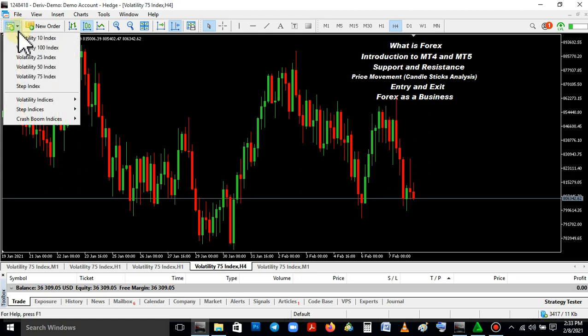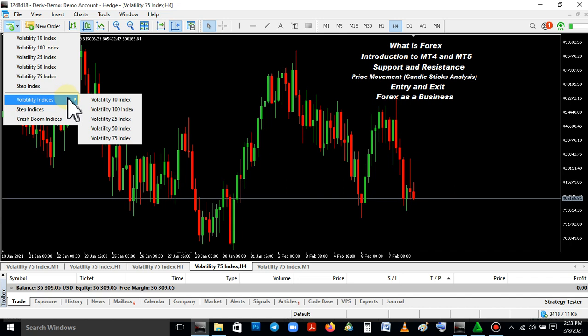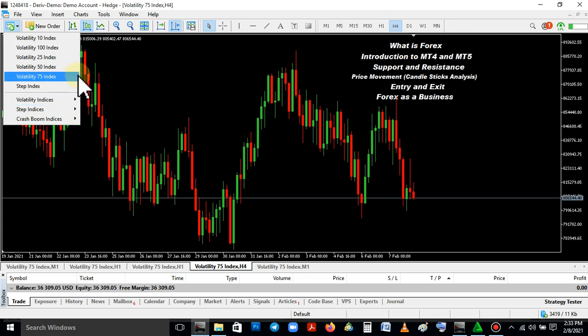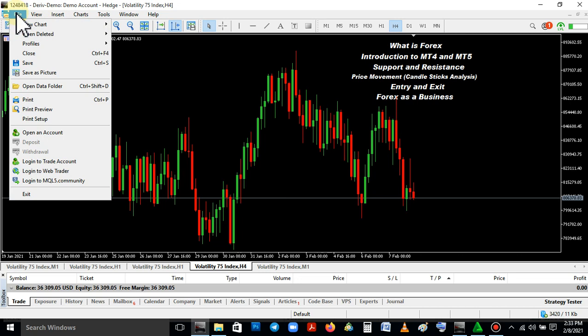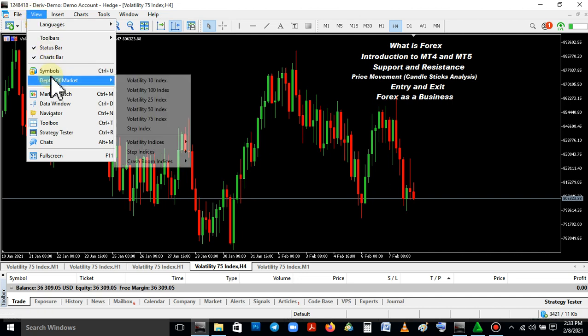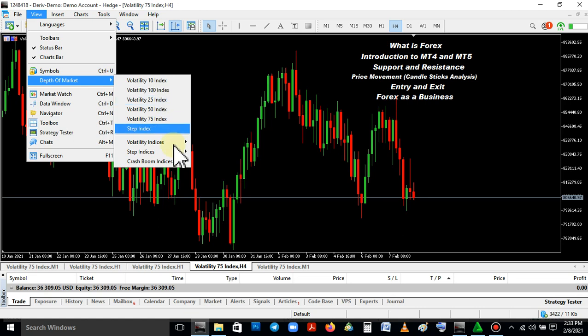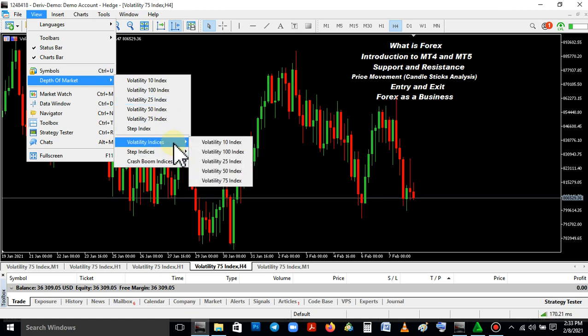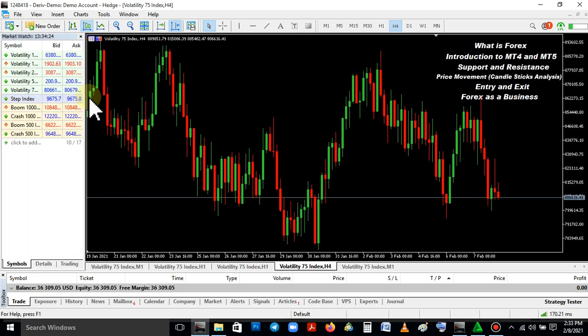When you go to this place, you will see all of them. This is step index. This is volatility 75, and this is volatility 50. But if you want to find volatility 51s, let's check our market watch.